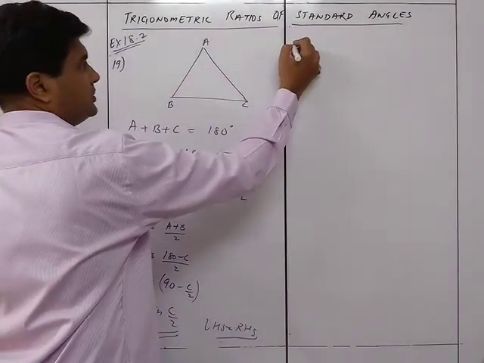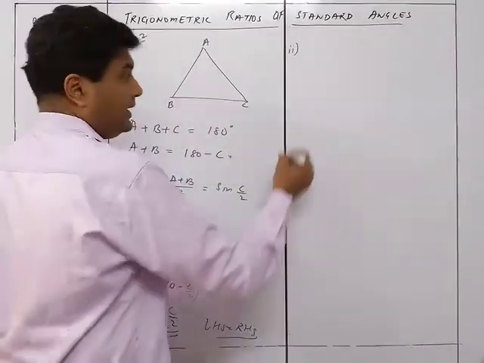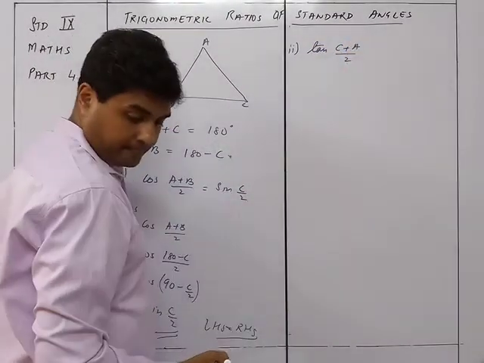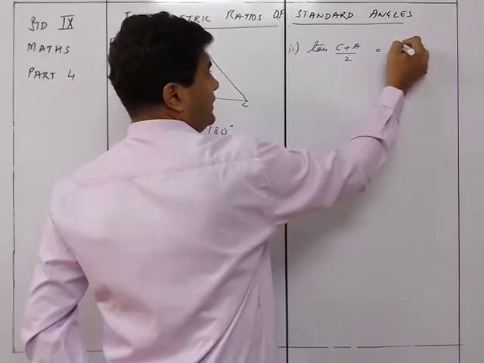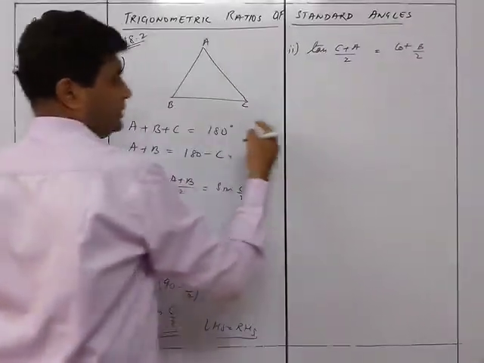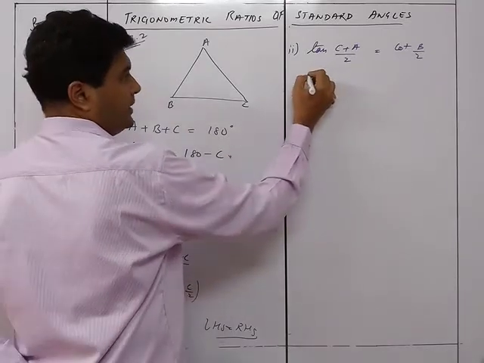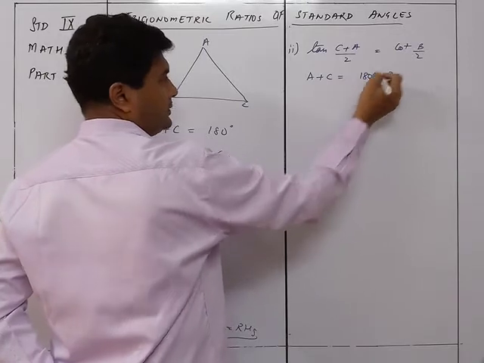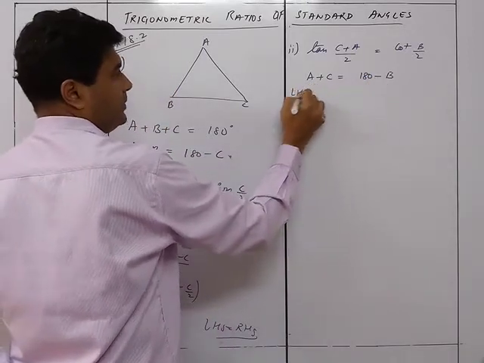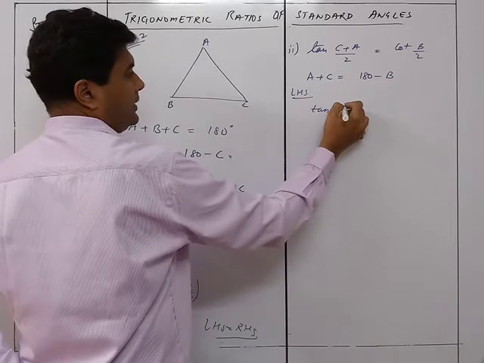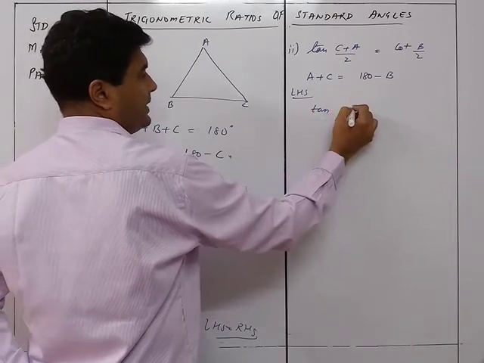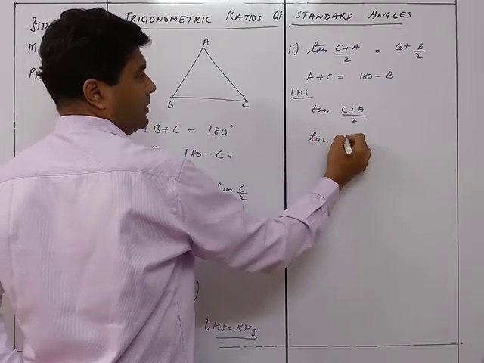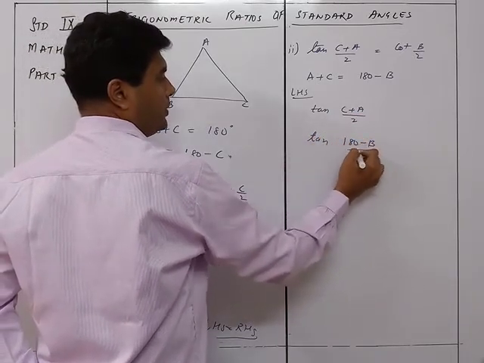You see the second part also. Tan C plus A upon 2 is equal to cot B upon 2. So again we say the same thing. We have over here A plus C is equal to 180 minus B. So LHS, we have tan C plus A upon 2, which is nothing but tan 180 minus B upon 2.